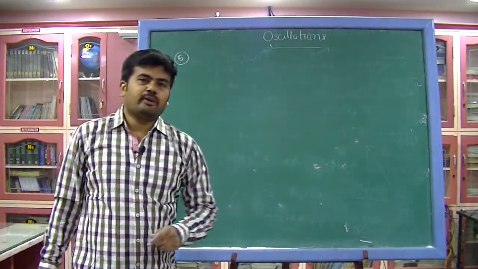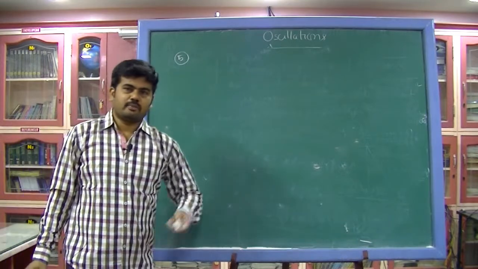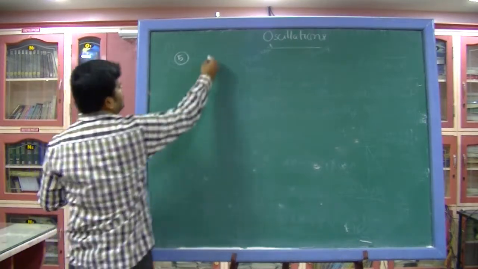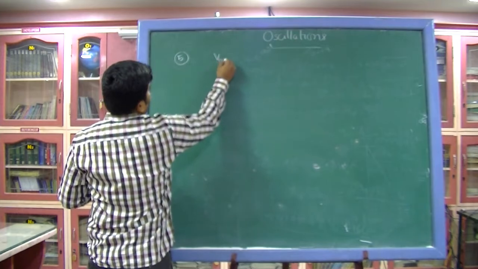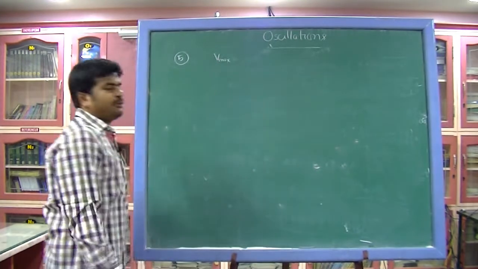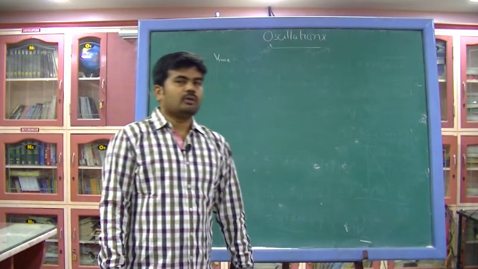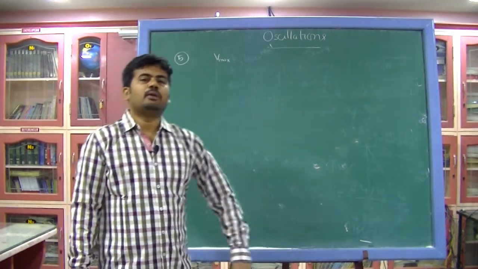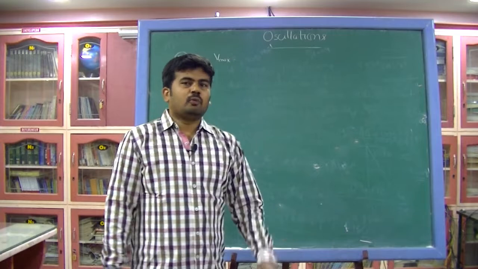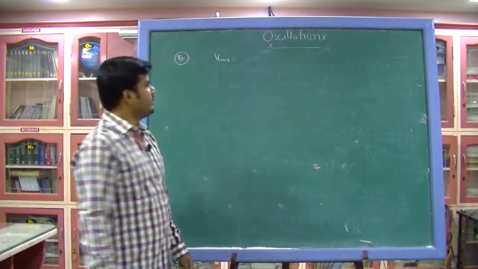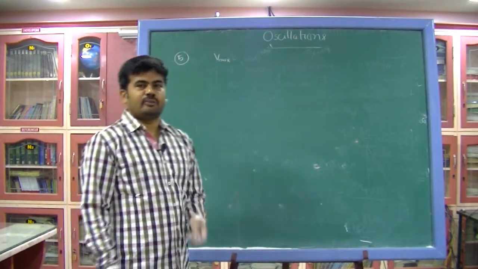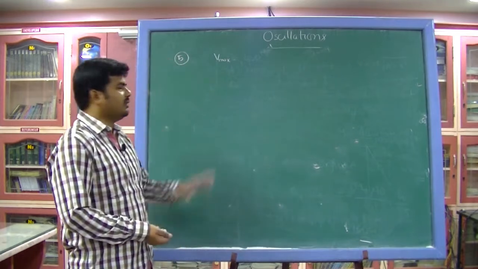The maximum speed of a particle doing SHM is V maximum. Then find out the average speed of the particle doing SHM in one complete oscillation. The question is finding the average speed for one complete oscillation of SHM.